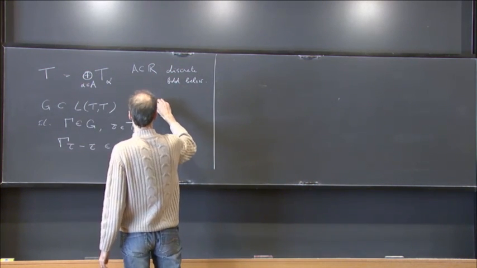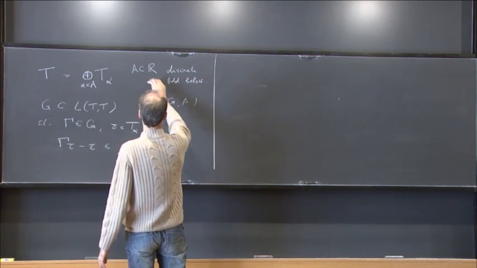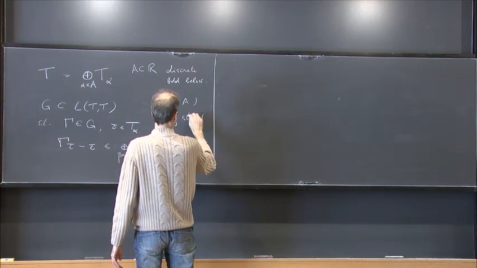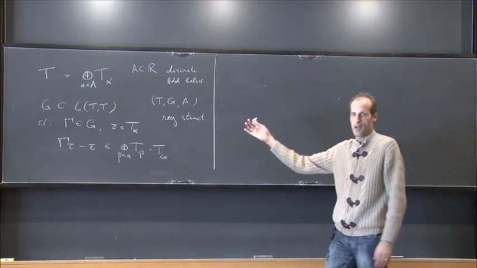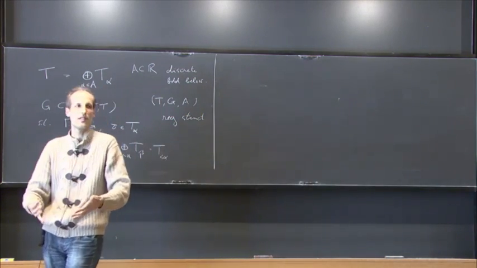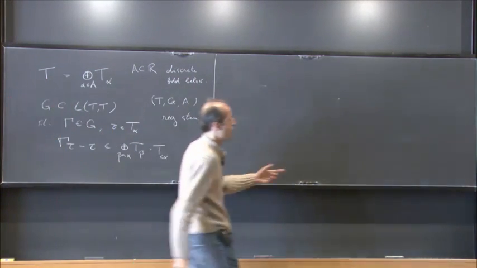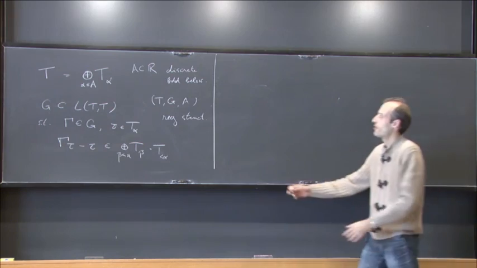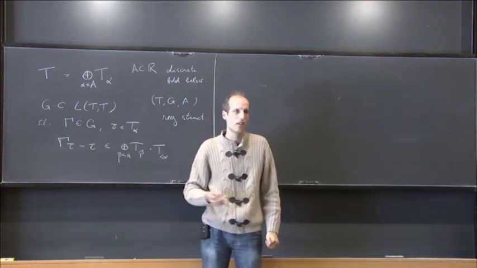So the pair, if you want, T and G, or T, G, A if you add the index set also, it's what I call a regularity structure. But now that you have this abstract structure, you want to kind of realize it concretely. Okay, so if you want, this describes the blue bits. Okay, now you want the description of the red bits in a way. So it describes some of the algebra of the red bits, but it doesn't say anything about what they really are. Okay?